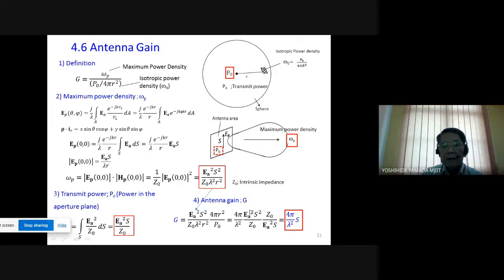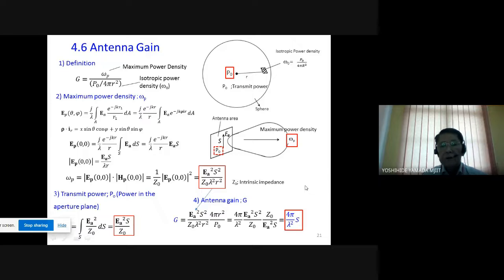The antenna gain is derived from the definition and putting in some power expression and power density expression. We can achieve this simple expression for the gain.